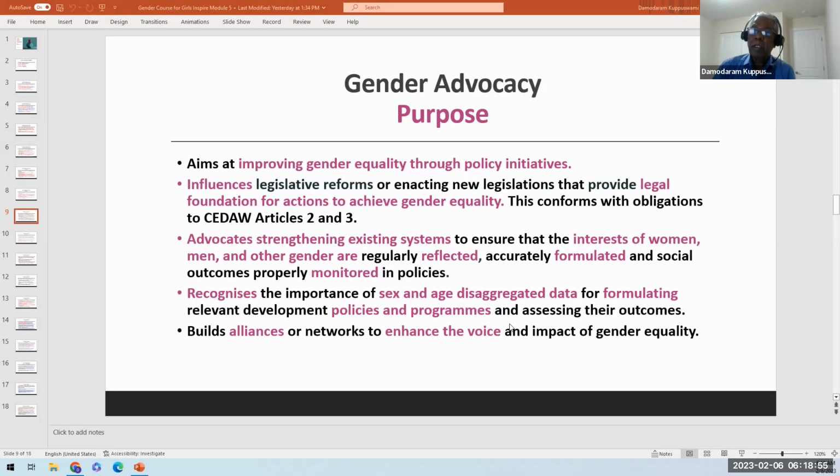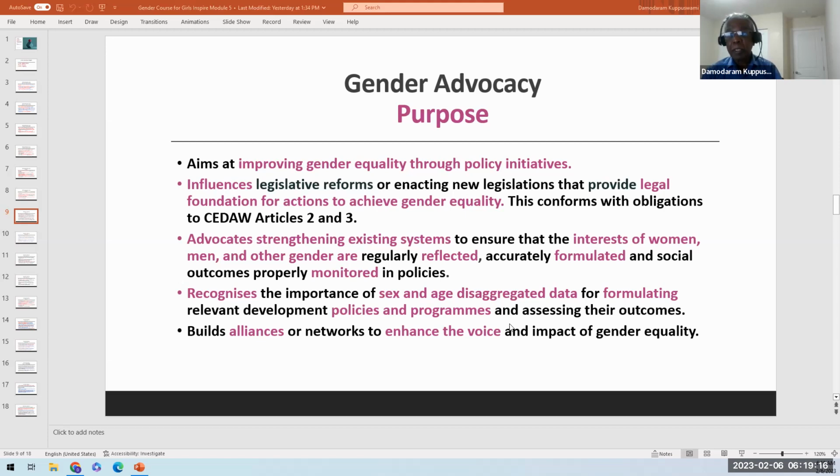So the legislation gives us that foundation for us to campaign and take action for equality. This is also what CEDAW Articles 2 and 3 are talking about.